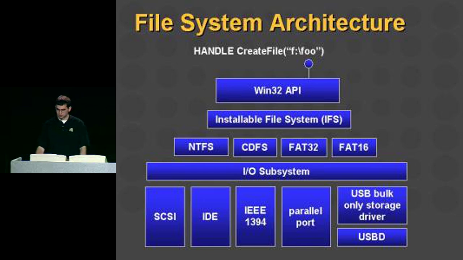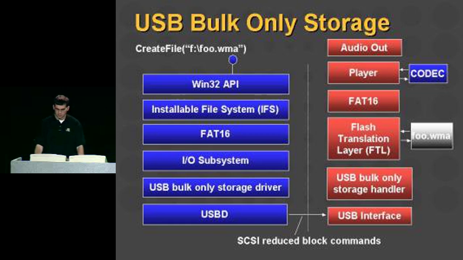So I'm just going to take the right-hand side of the picture to go here. Again, this is the same stack. What's happening is, for USB, the USB specification includes a section on how bulk storage devices should behave. A bulk storage device basically has to respond to a read block and a write block command and a few others.